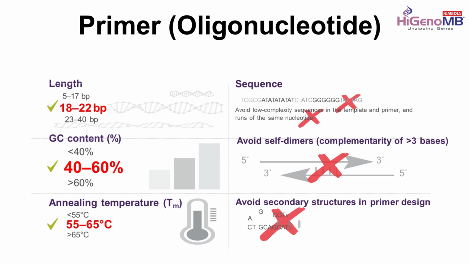And when you look at the template sequence, avoid choosing sequences which have multiple runs of the same nucleotide. Say for example, your template has a stretch of continuous runs of G, five times G, G, G, G, or C, C, C. So avoid those regions, or avoid a repeat region.